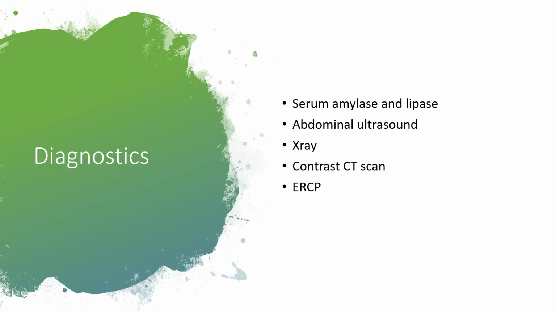CT scan with contrast identifies pancreatic enlargement, ductal calcifications, fluid collections in or around the pancreas, and perfusion deficits in areas of necrosis. An ERCP is used to diagnose chronic pancreatitis and to differentiate inflammation and fibrosis from maybe a carcinoma.